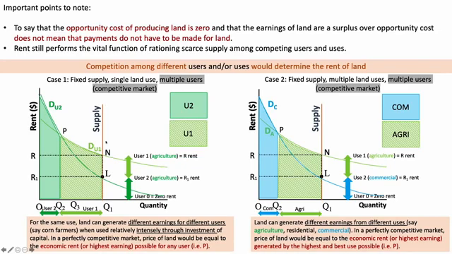So again, we are assuming the single use to be agriculture. There is user 0 who doesn't generate any rent. There is user 1 who generates rent corresponding to the demand curve du1. And there is user 2 who generates rent corresponding to the demand curve du2.